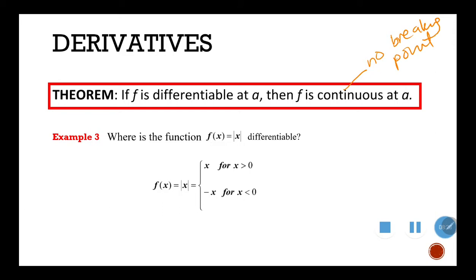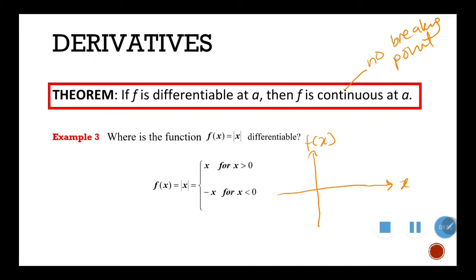So for this example, where is the function f(x) equals modulus x differentiable? Now we try to plot the graph for this function f(x), and this is x. f(x) is also equal to y.